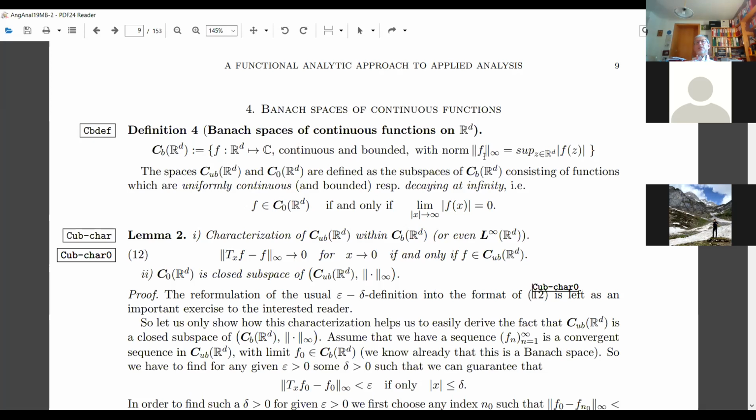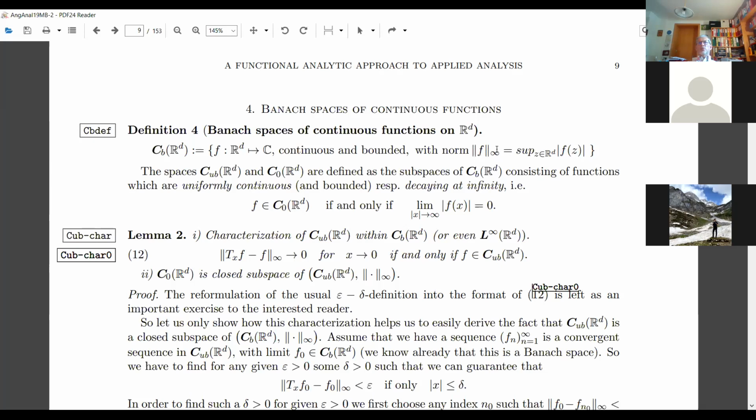I mean, how big can f1 plus f2 be? Of course, at most as big as f1 at that place plus f2 at that place. And actually, if they happen to have the same, let's say, positive maximum at the same place, then the sum will have the same norm as the sum of the norms.